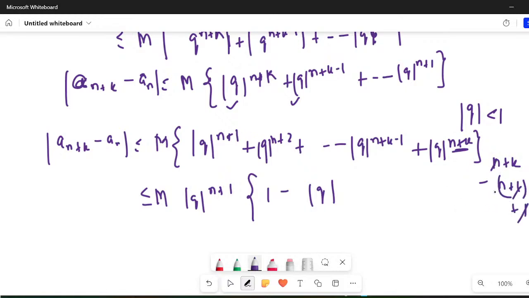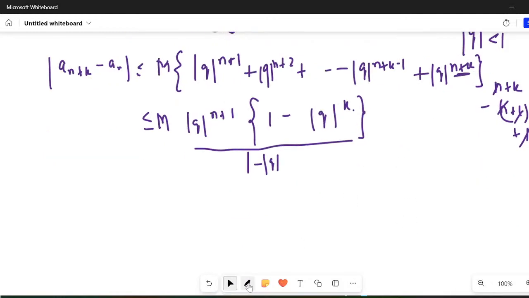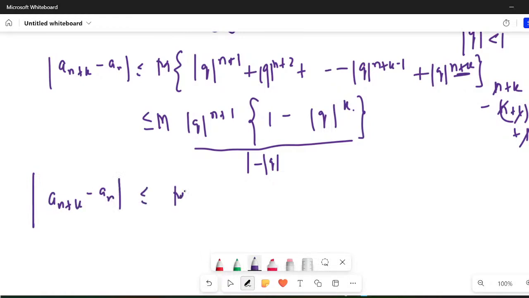So you'll simply get modulus of q raised to power k in the numerator, divided by 1 minus modulus of q. Certainly I can write that modulus of a n plus k minus a n is less than or equal to m times 1 over 1 minus modulus of q, times modulus of q raised to power n plus 1.